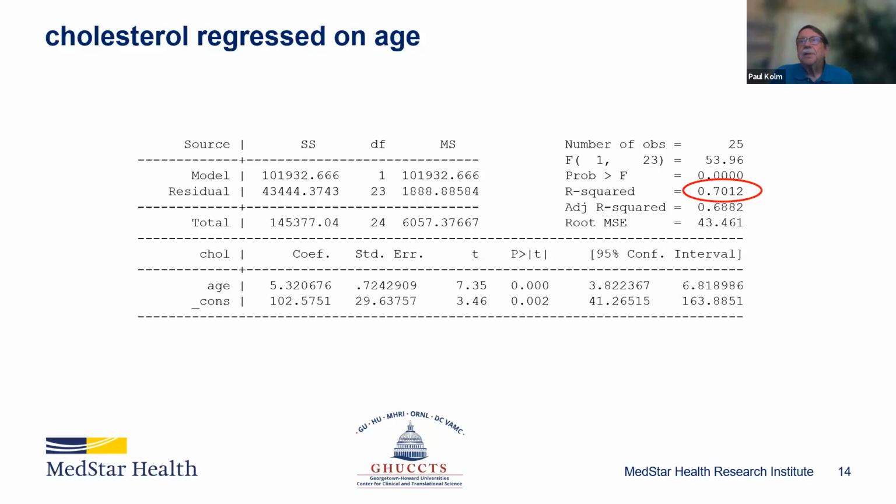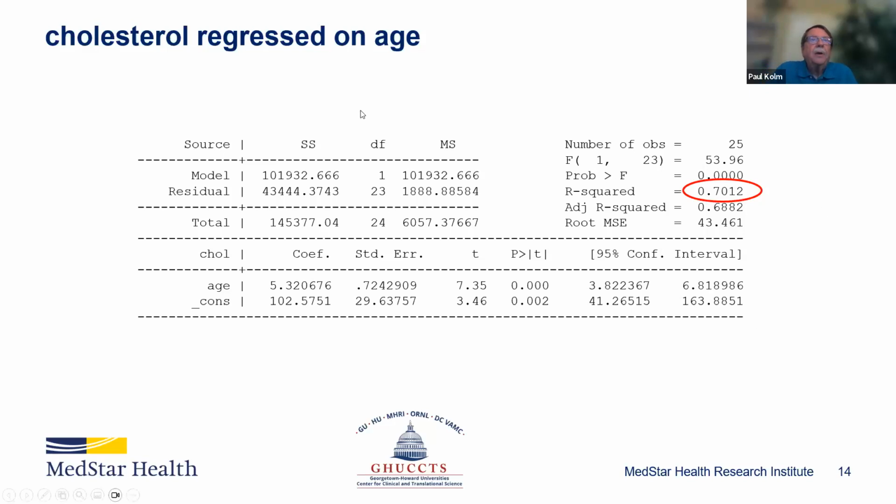What this means is that 70% of the variability in cholesterol is explained by age, which in medical research is really good. And then there's an adjusted R-squared that adjusts for sample size. If you have a small sample size, it's going to be a little bit less than that.